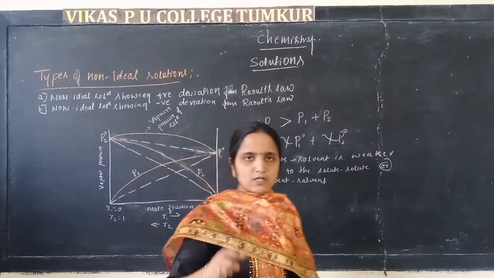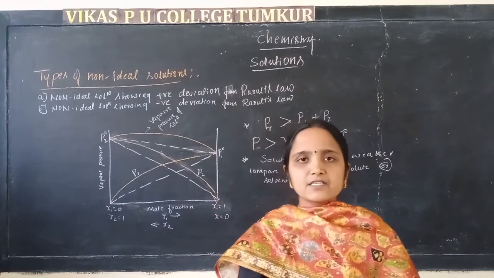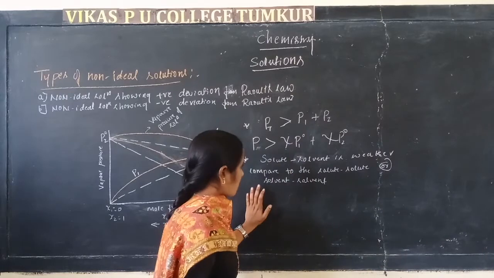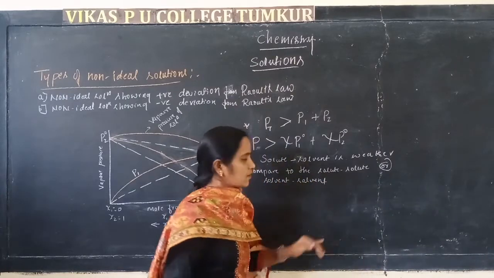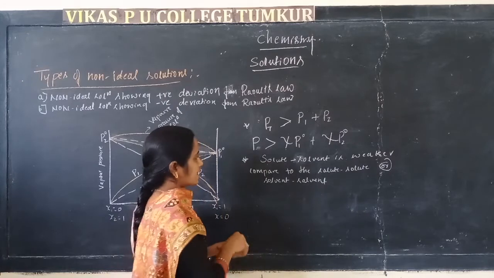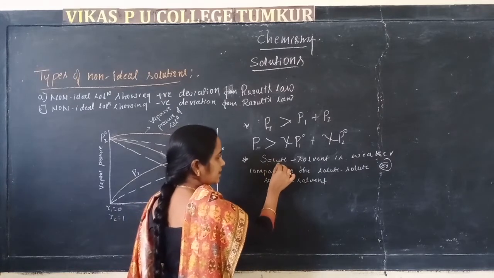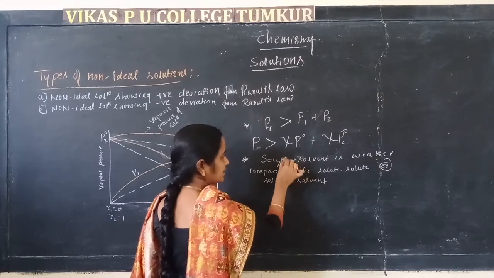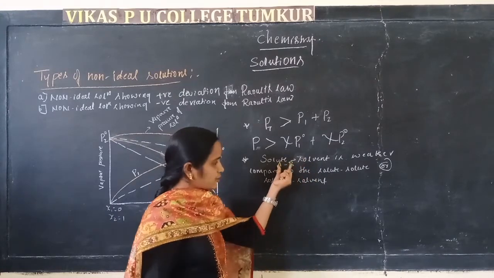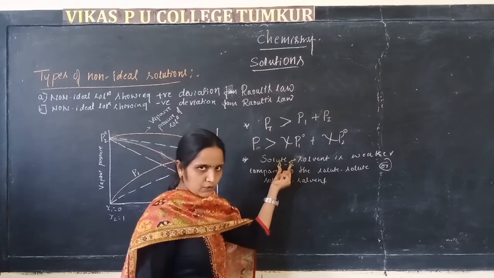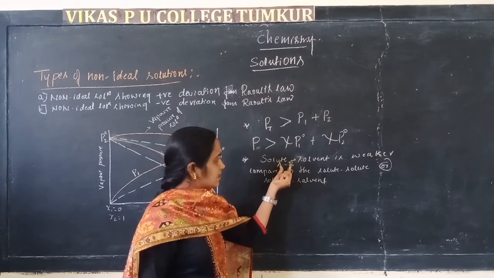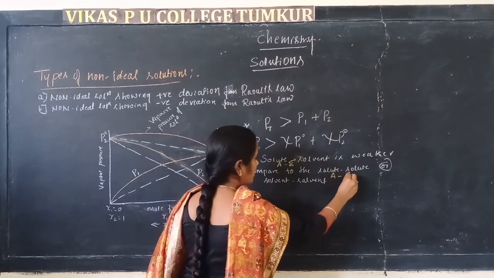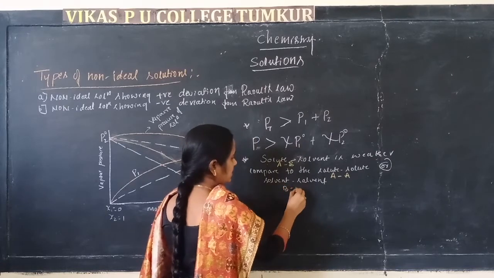The interaction between the solute and the solvent is weaker than the interactions between the solute molecules and between the solvent molecules. If the solute is A and the solvent is B, this interaction between A and B is weaker than the interaction between AA or BB.